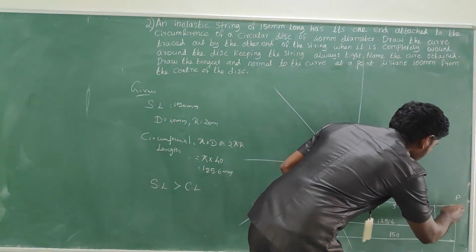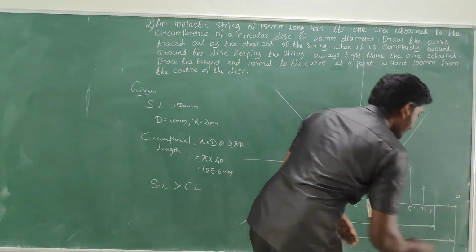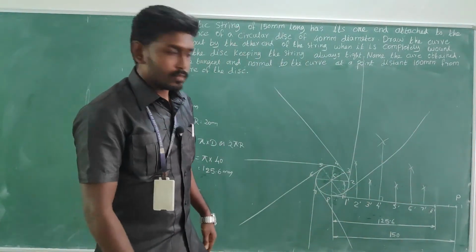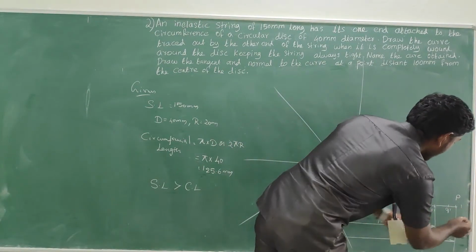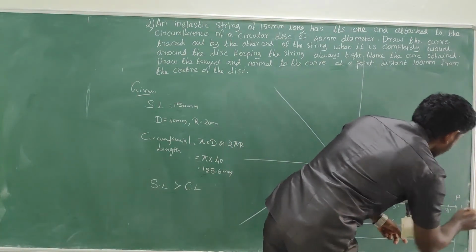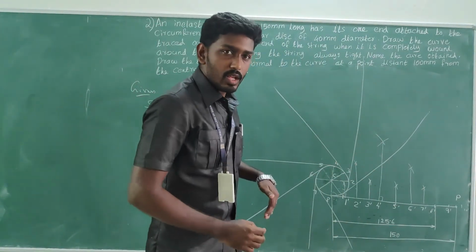If you do so, it goes beyond the point P. If I name it, this is 9 dash, and here it comes 10 dash, but it's not our portion, right? It's going beyond it.